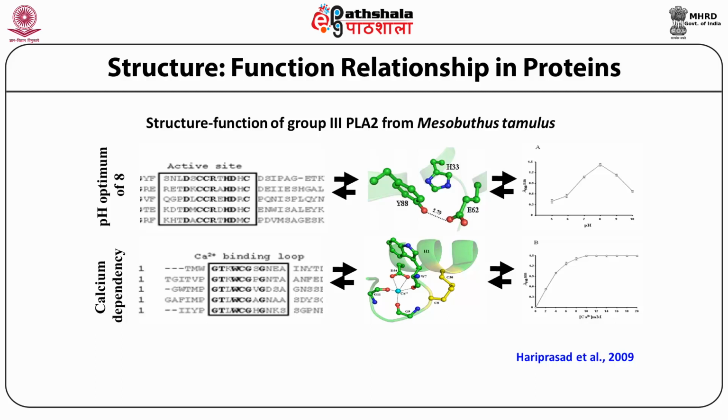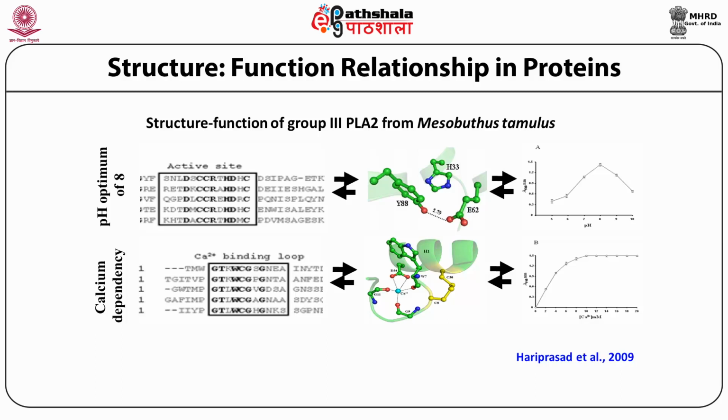Therefore, it is quite evident that the participation of histidine, which is seen in the primary sequence and at the three-dimensional structure level, is inherently active at the optimum pH of 8. Therefore, we see a two-way directional relationship between the sequence of the protein, the three-dimensional structure, and the functional outcome of a particular protein.